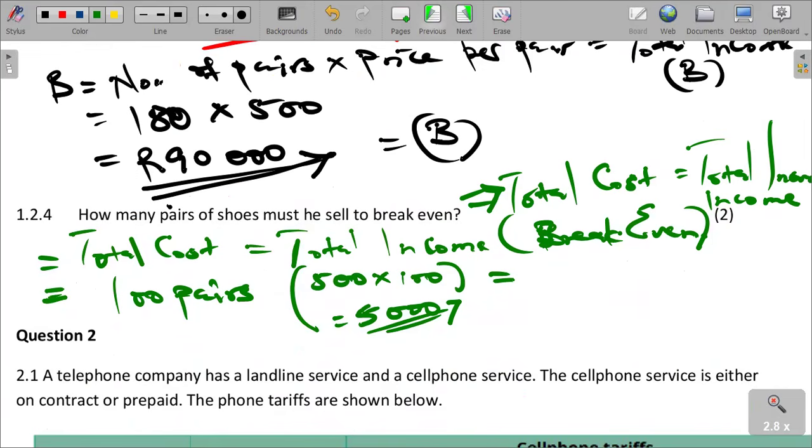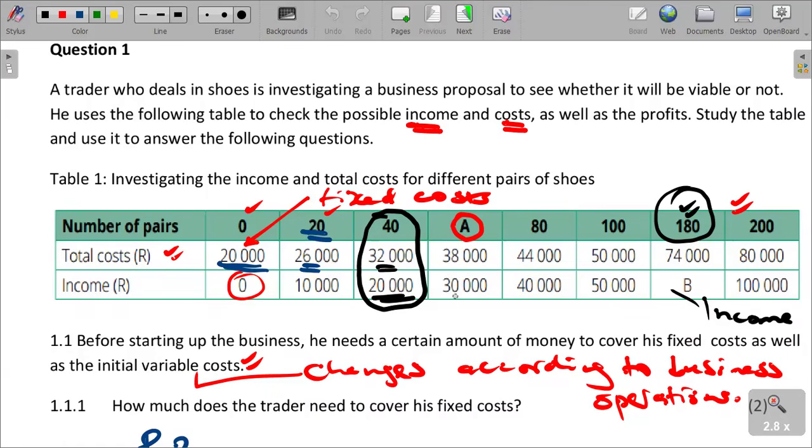When we come here, at 100 pairs, it can make an income of 5,000, as I've calculated for you there.